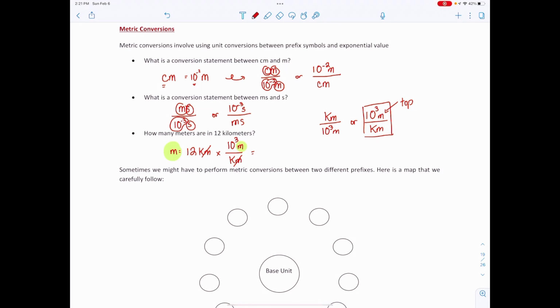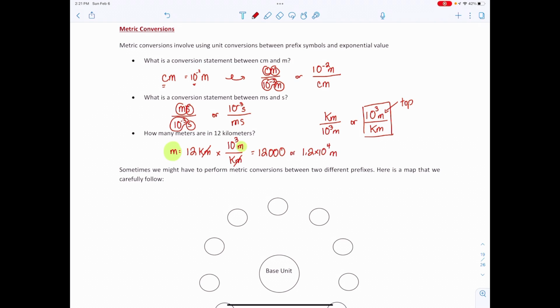So if I do the math, 12 times 10 to the power of 3, punch that into the calculator, I get 12,000, or your calculator might simplify that to 1.2 times 10 to the power of 4 meters. And that is the proper way to convert between different units.